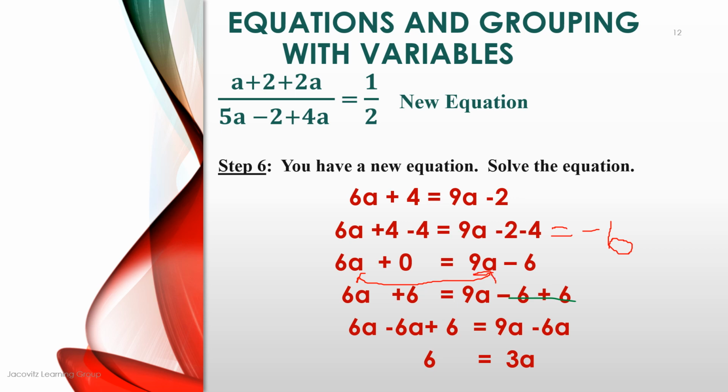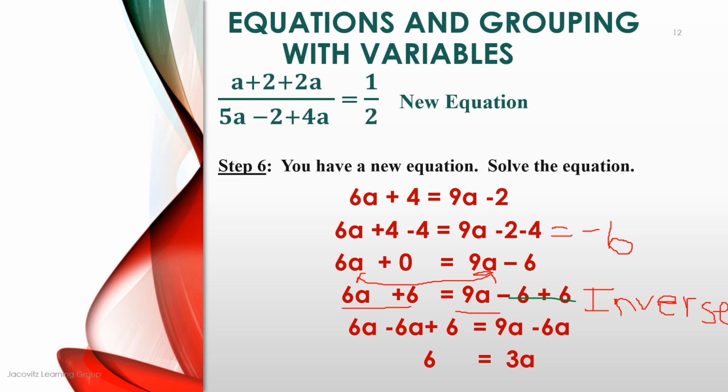So I took the negative 6 back, but when I take it back, you have to take its inverse back, which is positive 6. We get 6a and plus 6. So we have 6a plus 6 equals 9a.